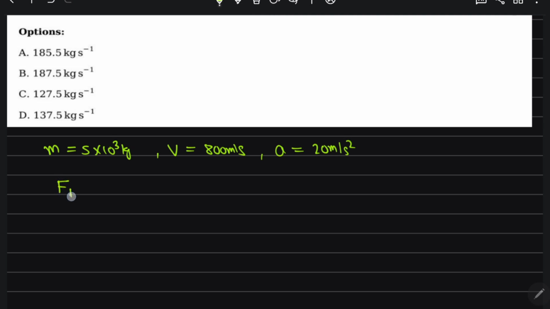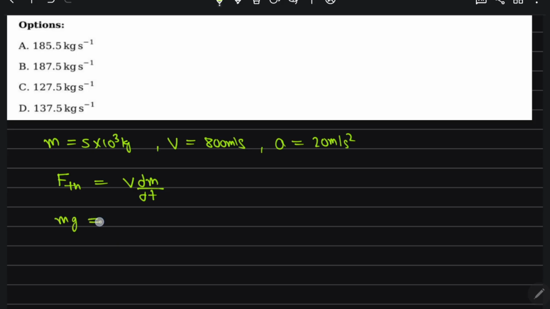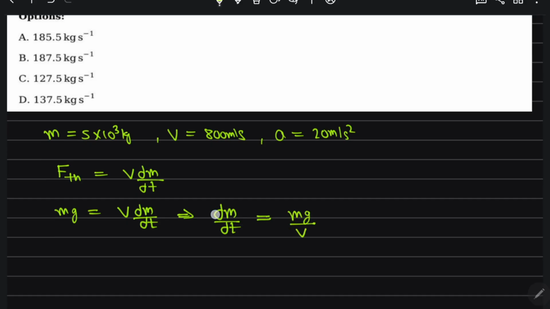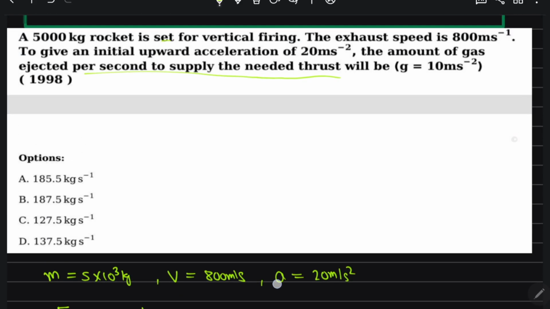So F thrust is equal to v dm by dt, right? And F thrust, that is mg force, is equal to v dm by dt. So here I can write dm by dt is equal to mg by v. So m is 5 into 10 to the power 3, g is 10, and then after that.